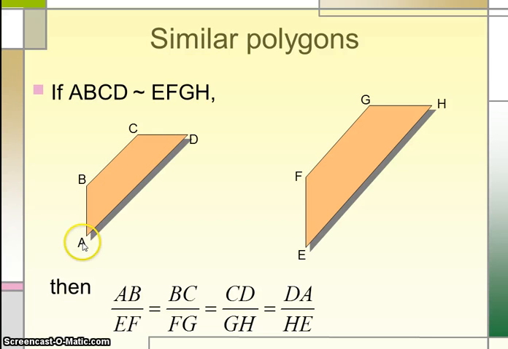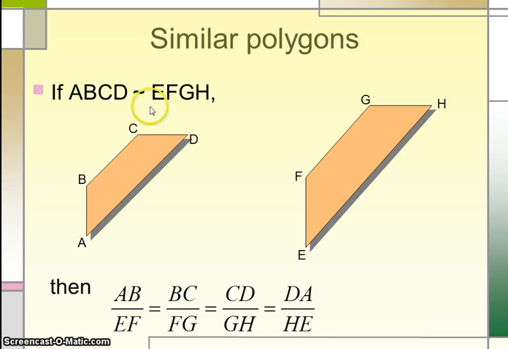Line AB would be similar to line EF, just as BC, the shorter one on the top, would be similar to line segment FG. As we're writing it here, AB will be over EF, and you can flip these over and say EF over AB. It doesn't make a difference.